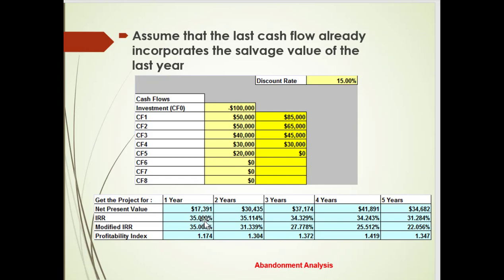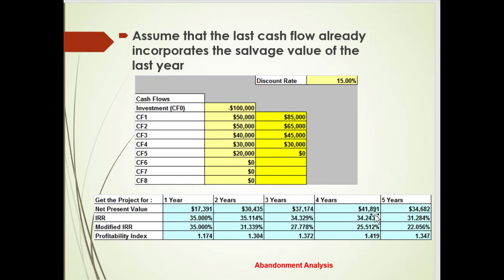$17,391. We have the internal rate of return, we have the modified, we have the profitability index. So here are our techniques. This is all done with a worksheet. It's part of the capital budgeting technique analysis sheet. It's also referred to as the abandonment analysis. So then as you look across our data, we find out that year 4 has the highest net present value.